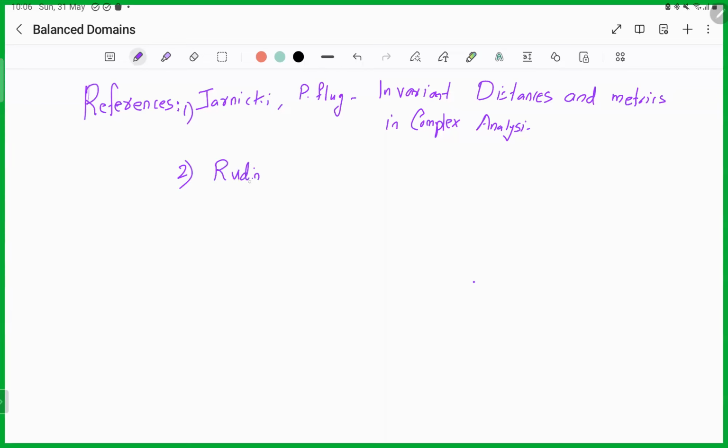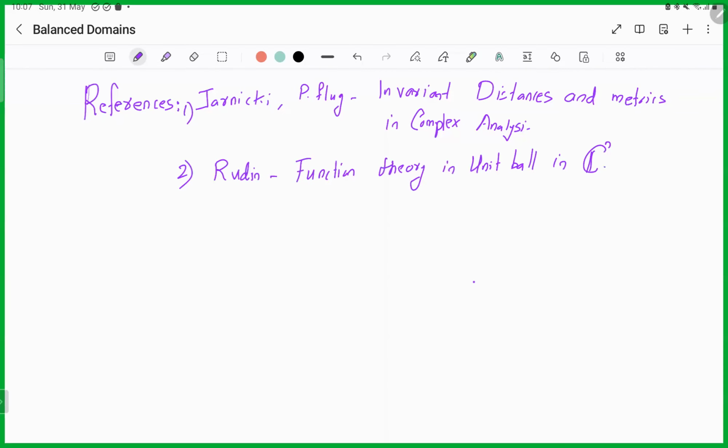Walter Rudin, Function Theory in the Unit Ball of C^n, and the Euclidean ball. These two books are the reference for today's talk.